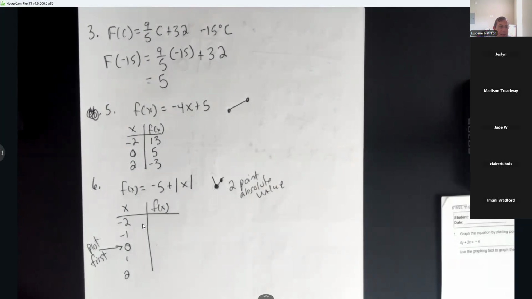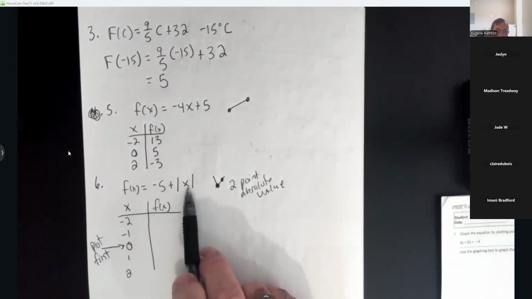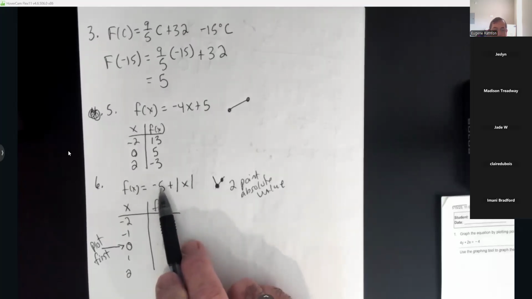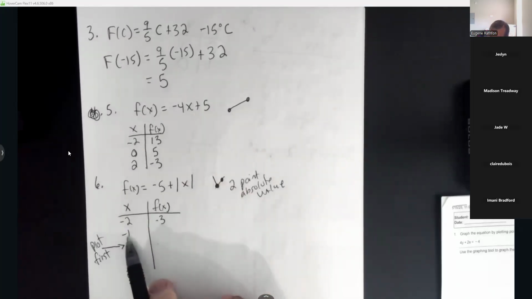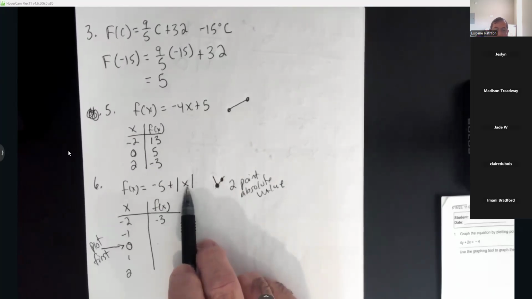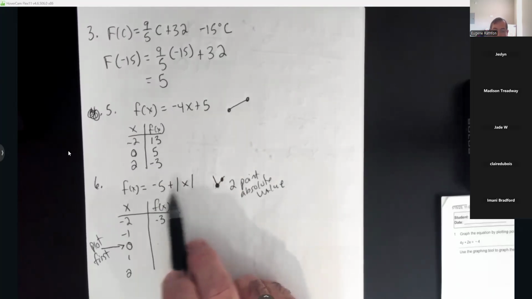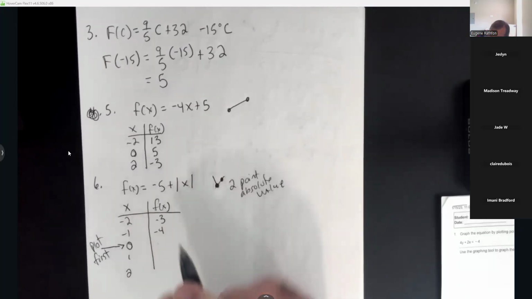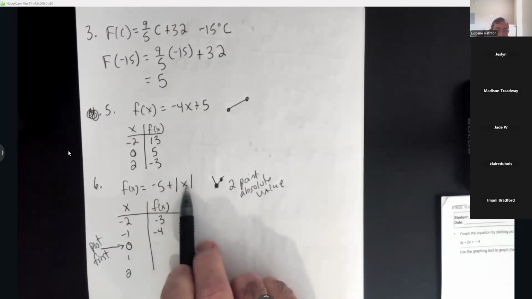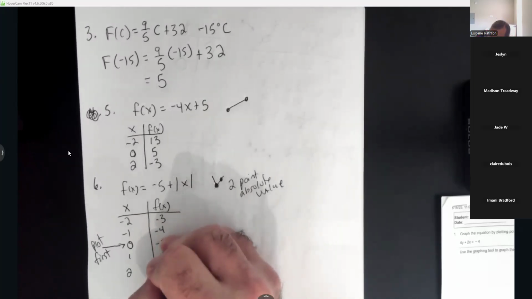And then when you're actually graphing it, it will say that, okay? So here, if I put a -2 in here, absolute value of -2 is 2. So then I got -5 plus 2, which is a -3. If I put a -1 in, absolute value of -1 is 1. -5 plus 1 gives me a -4. If I put a 0 in here, absolute value of 0 is 0. -5 plus 0 is -5.